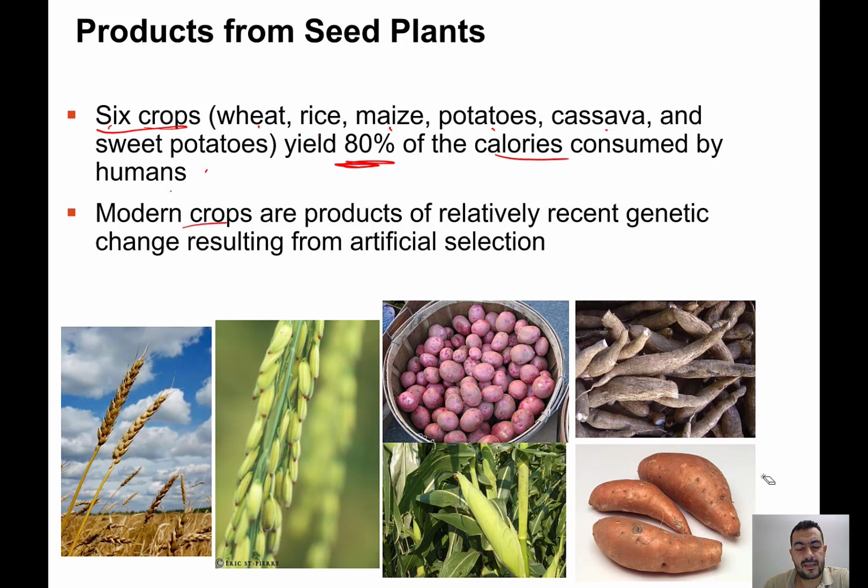So the ancestors of today's crops differed from modern crops, because modern crops are actually the result of artificial selection. Our understanding of the genome of these crops has resulted in selecting the genes that help us to produce crops with bigger fruits and desirable traits.